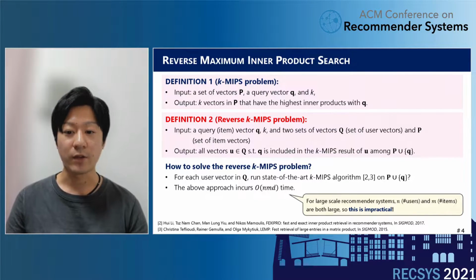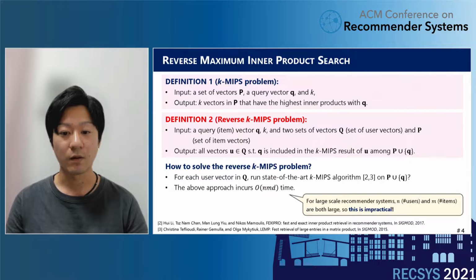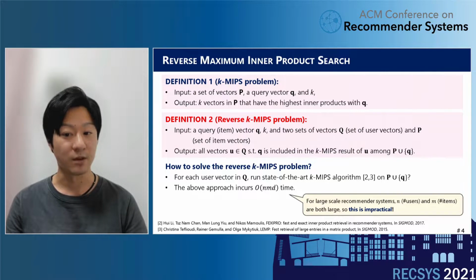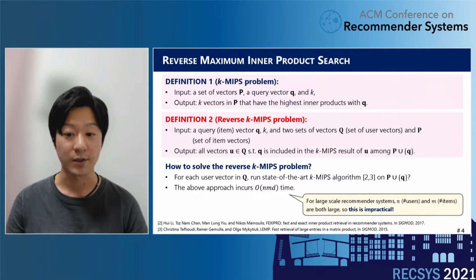Here, I formally define the problem of this study. First, the K-MIPS problem. Given a set of vectors P, a query vector Q, and K, the K-MIPS problem finds K vectors in P that have the highest inner product with the query. Next, the reverse K-MIPS problem. This is our focus.